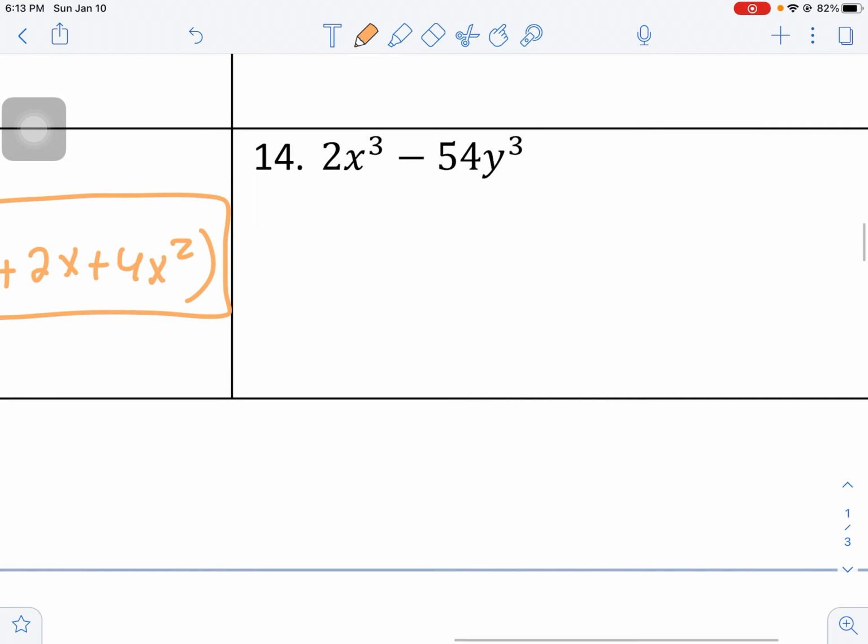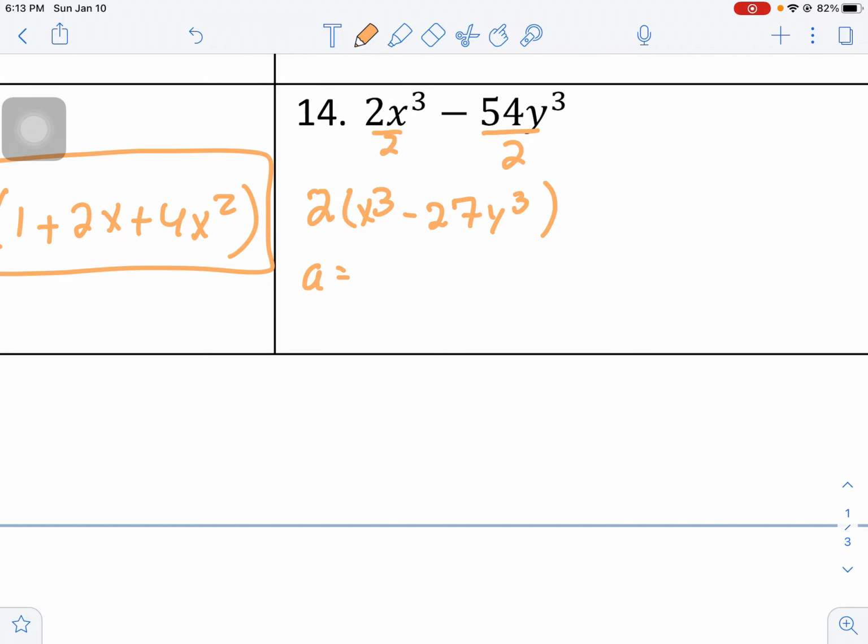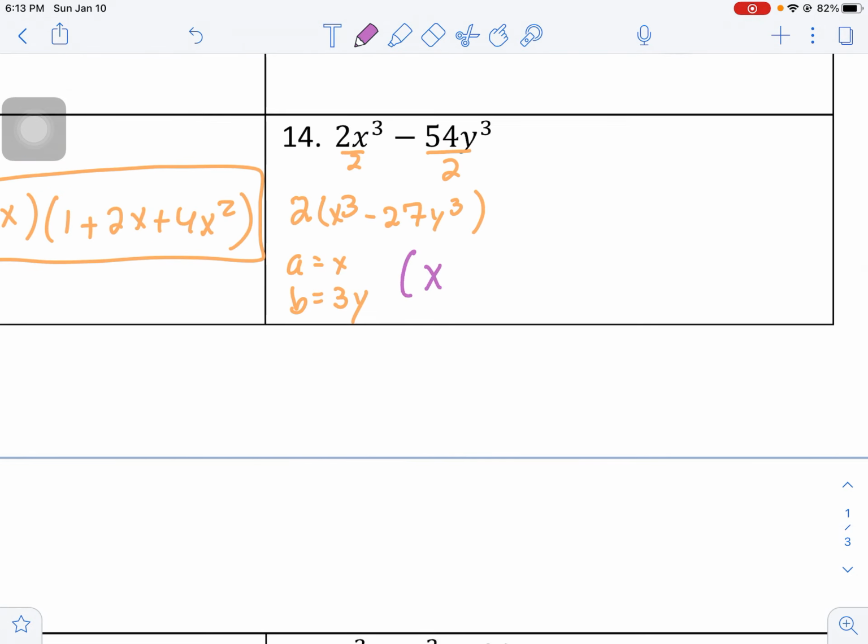All right, last one. So again, we're going to have to divide by 2 here. That's going to give us 2 times x cubed minus, what is 27y cubed, right? So then a is equal to x, b is equal to 3y. And now we just fill it in. So a minus b, which would be x minus 3y.